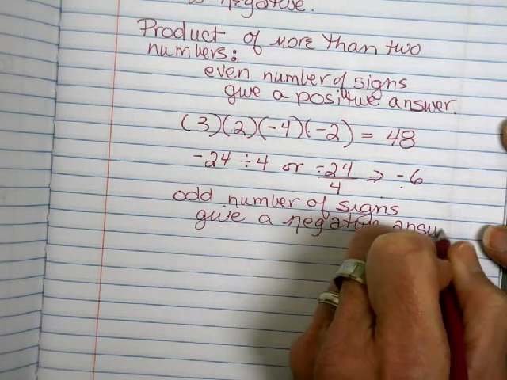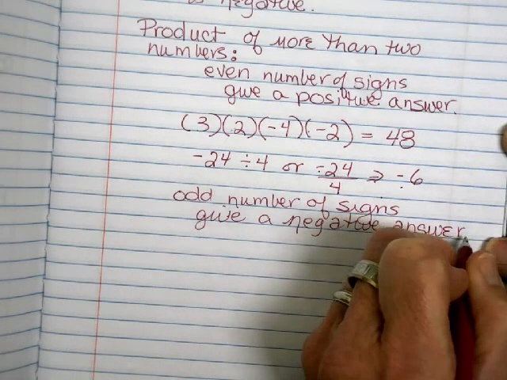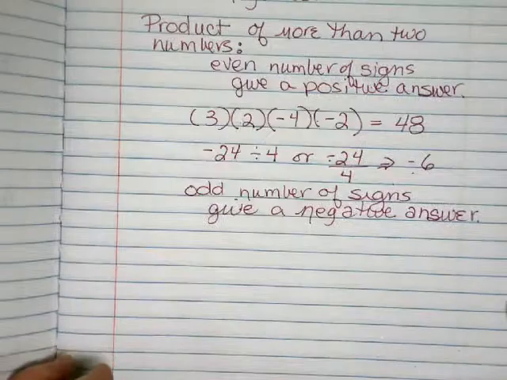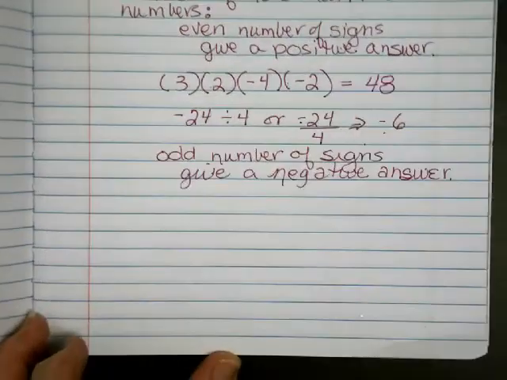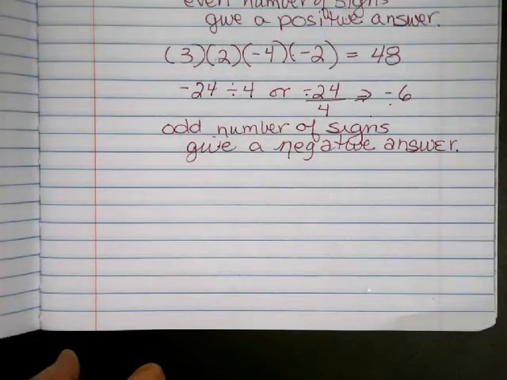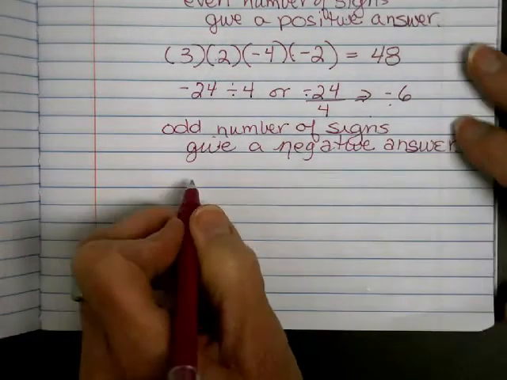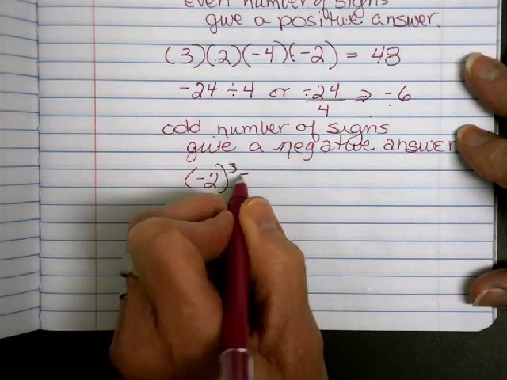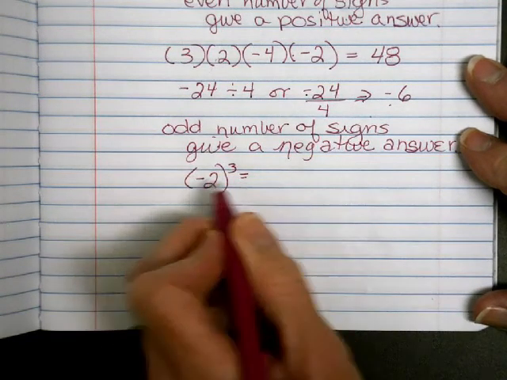And I think we applied this a little bit with powers. When you were using order of operations, I think in a practice there were negative numbers, like a negative 2 to the 3rd power.